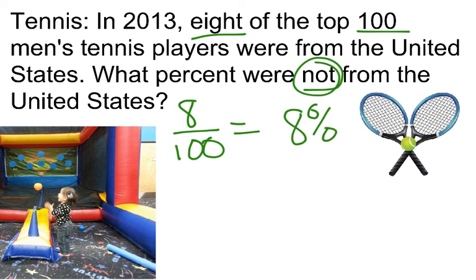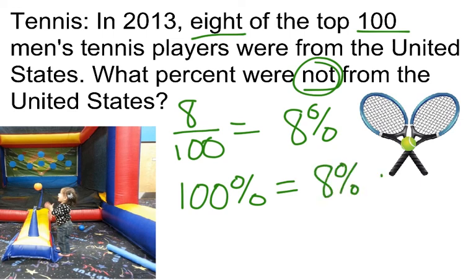8%. Well, I know that my percent needs to total 100 because I can't have more than 100% of a total population. There's people there. So if 8 out of 100 were from the United States, how many were not? Well, I can look at this as I have 100% total. I know that 8% plus some number is going to give me 100%.